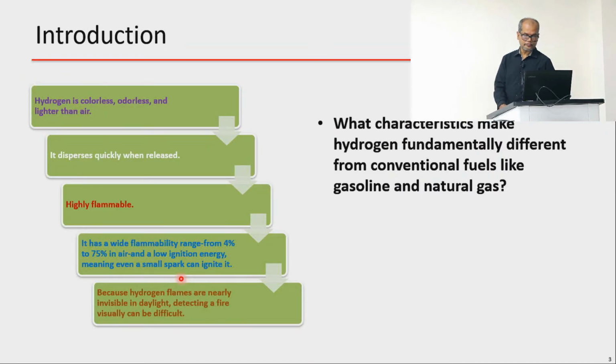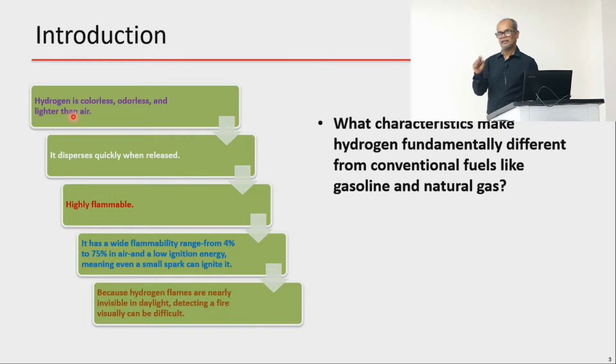Now, what characteristics make hydrogen fundamentally different from other conventional fuels like gasoline and natural gas? These are the characteristics of hydrogen which are quite important. Hydrogen is colorless, as you probably already know, odorless, and also lighter than air.